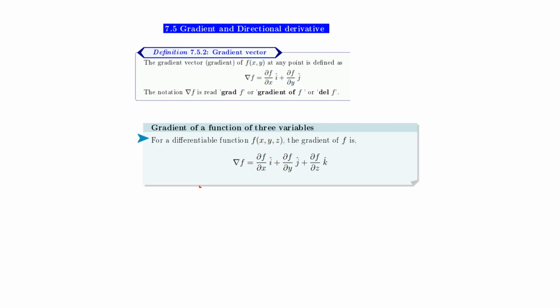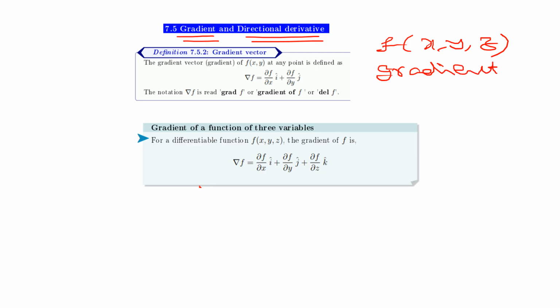Okay, let us move to chapter number 7.5. So in 7.5, we are going to talk about gradient and directional derivatives. If I know a function f, which involves three variables x, y, z, then the gradient of f(x, y, z) is denoted by the symbol del f.